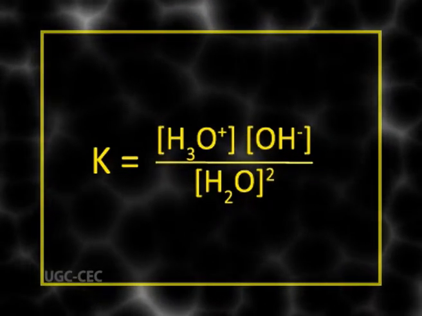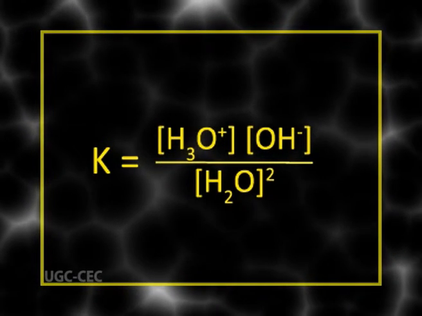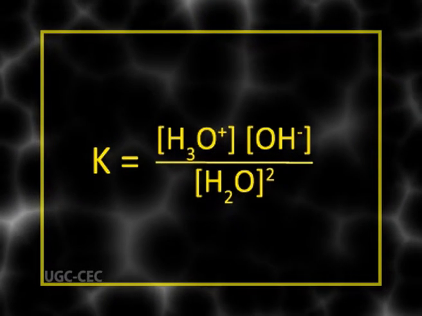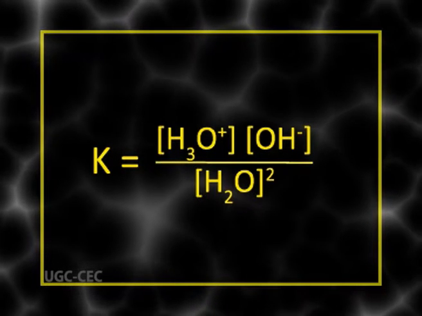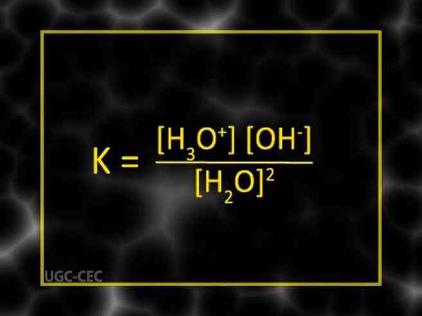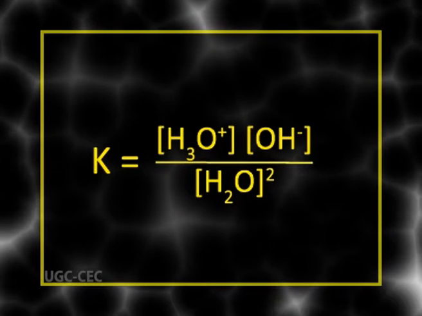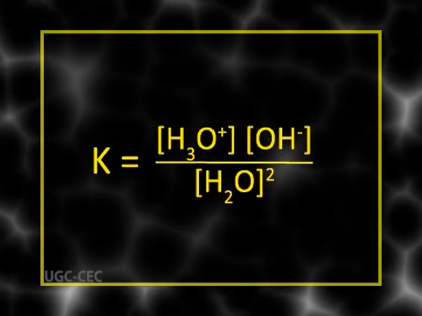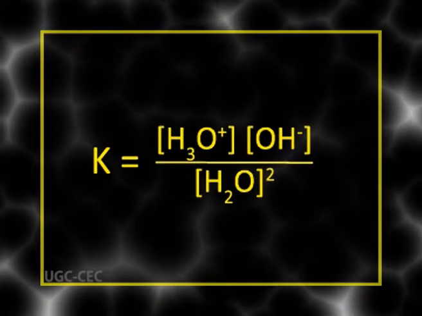Applying the law of chemical equilibrium, we have K equal to the product of concentrations of hydronium ion H3O⁺ and hydroxyl ion OH⁻ divided by the square of the concentration of water H2O.